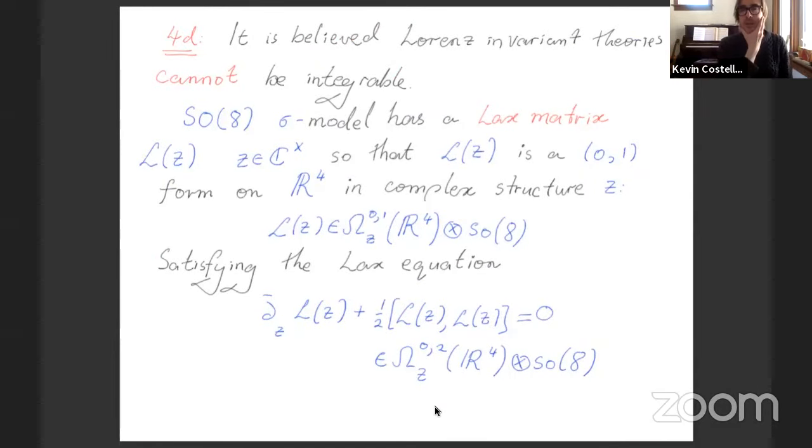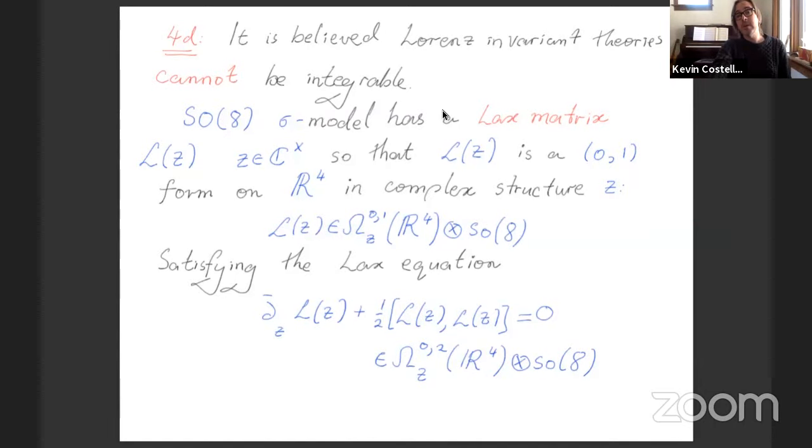There are some arguments, I forget who they are due to, possibly Edward, that if you have Lorentz invariant theories in 4 dimensions, it is not possible to be integrable. But fortunately, we've broken Lorentz invariance a little bit, and it turns out we do have something that looks a little bit integrable. So what do we have?